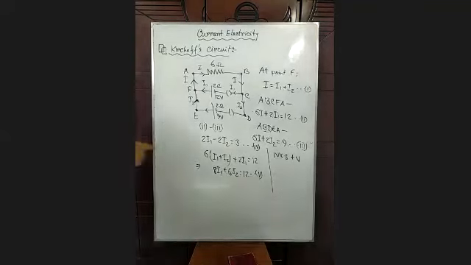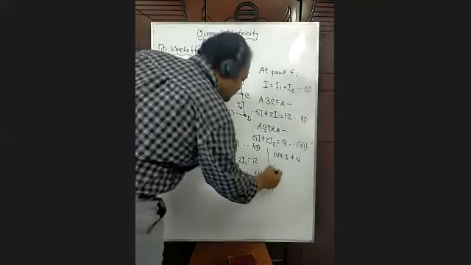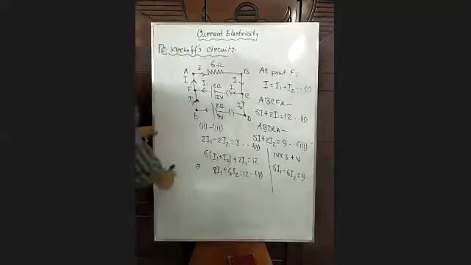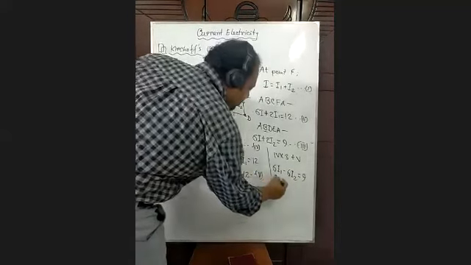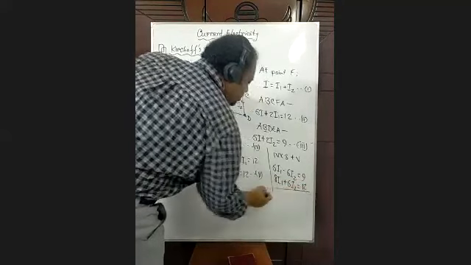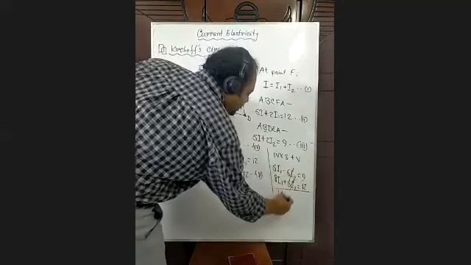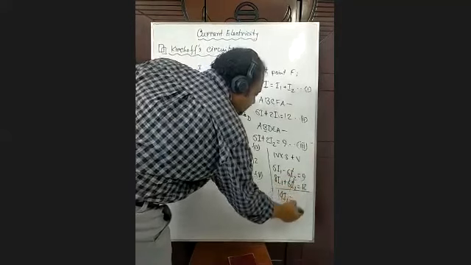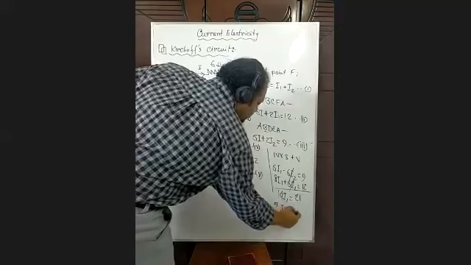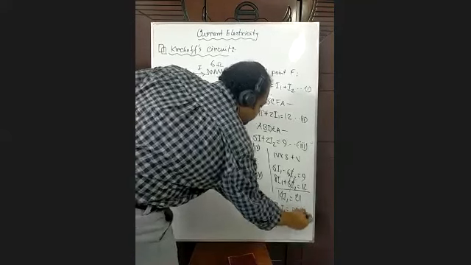So if I multiply equation 4 by 3, it's 6I1 minus 6I2 equal to 9. And the other, equation 5, 8I1 plus 6I2 equal to 12. If I add these, 14I1 is equal to 21. So I1 will be 1.5 ampere.